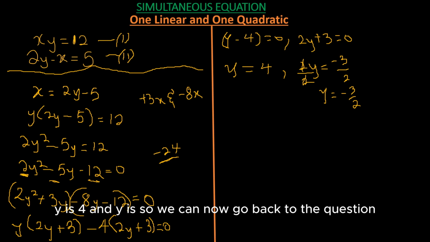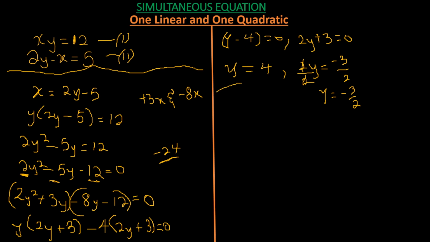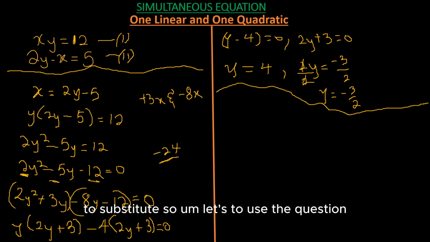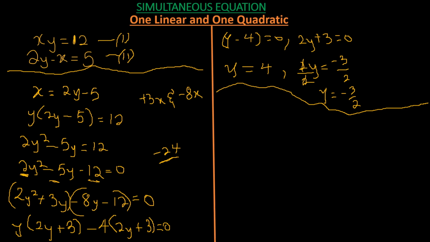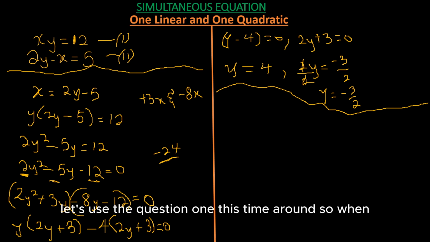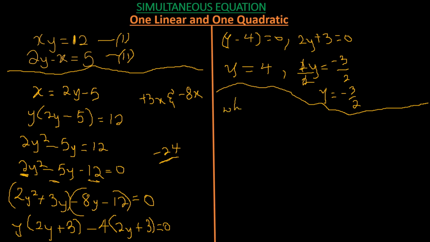So we can now go back to the equation to substitute. Let's use equation 1 this time around. So when y is 4, we are substituting 4 for y in equation 1.